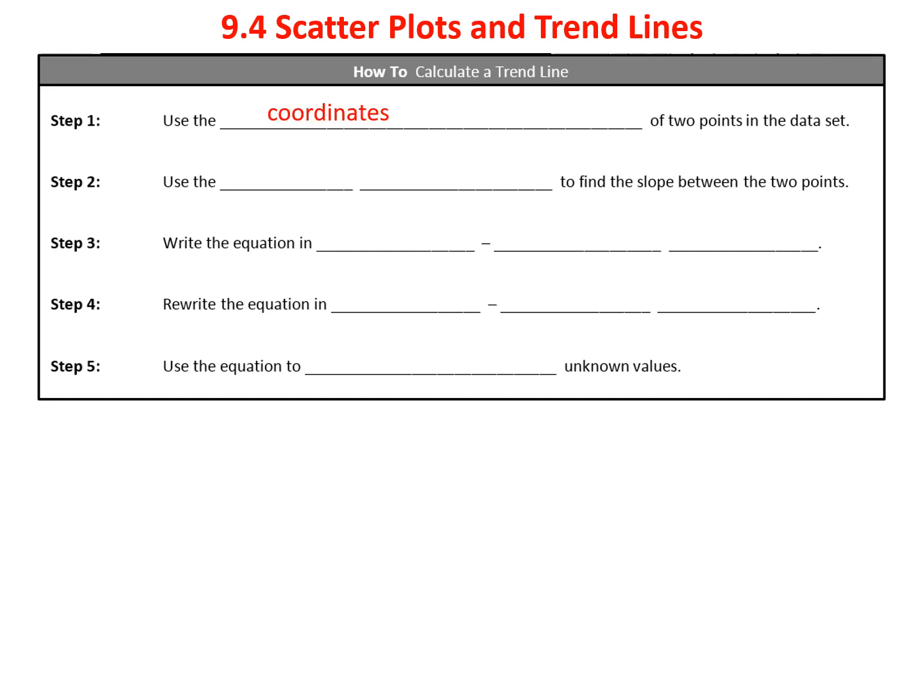So the first thing we do is we use the coordinates of 2 points in the graph. Typically, we want to find 2 points that are either on or very close to the trend line that we've drawn. All right, and we'll label them x1, y1, and x2, y2. Then we're going to use the slope formula to find the slope of the 2 points. Okay, look down below here. You remember how to find the slope?